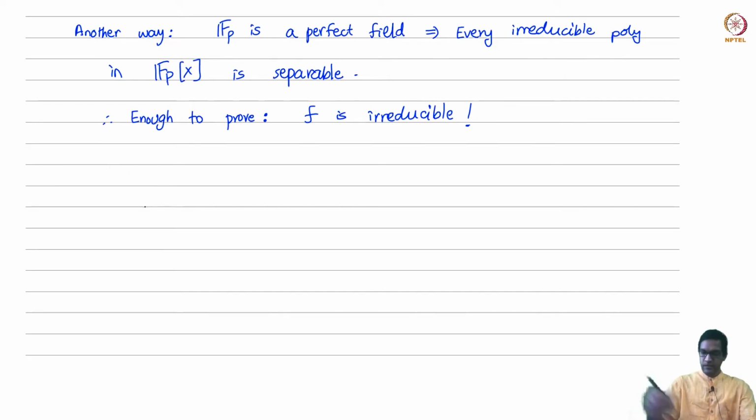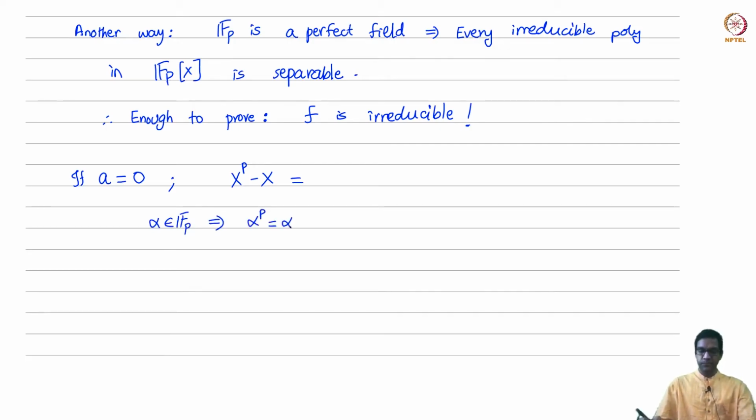Observe that if a is 0, so remember our assumption was that a is not 0, but let's pause for a moment and wonder what happens if a is 0. Then the polynomial is just x to the p minus x, and this is of course not irreducible. You can pull out a common factor of x, but in fact you can say exactly how this factorizes. If I take any element alpha in Fp, then alpha to the p is exactly alpha.